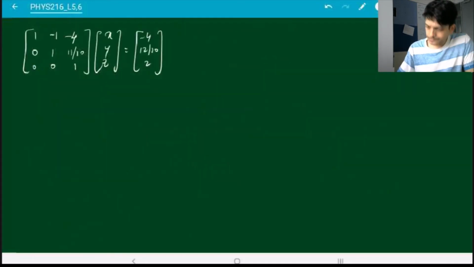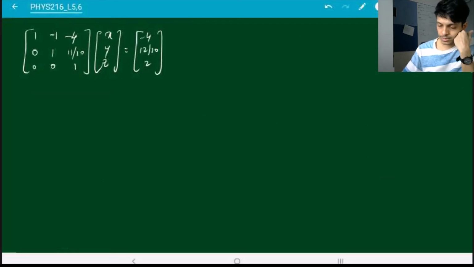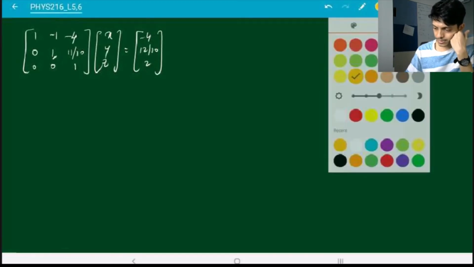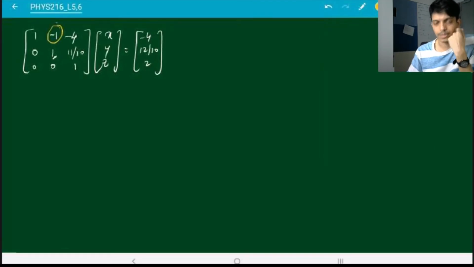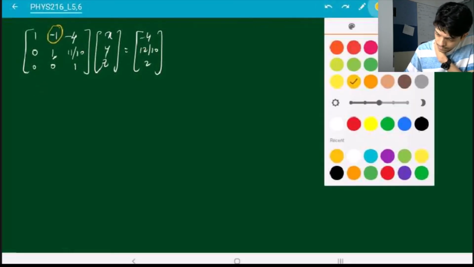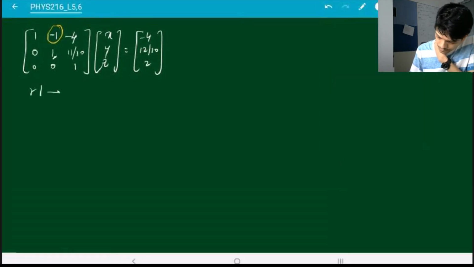Very good. I can just continue doing some more elementary row transformations. Since this element is already 1, I can try to eliminate this one, make it 0. And to do this, what will I do? I will let R1 become R1 plus R2.